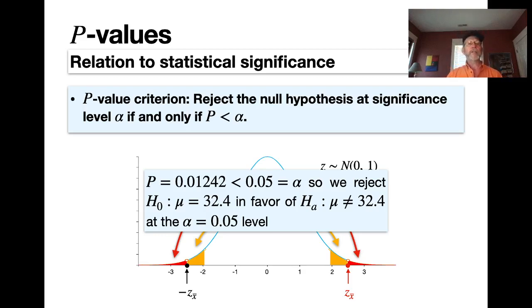So the p-value criterion provides you with a second and completely equivalent way of determining whether to reject the null hypothesis. Reject if and only if the p-value is less than your significance level alpha.